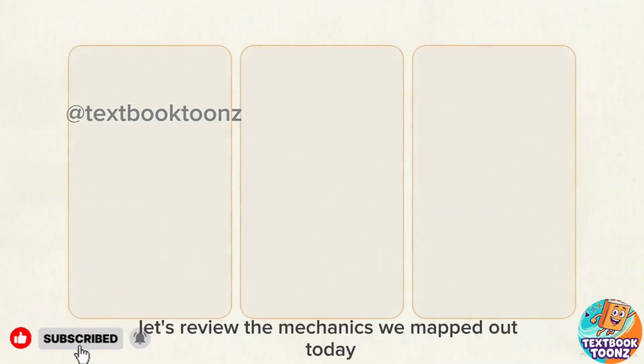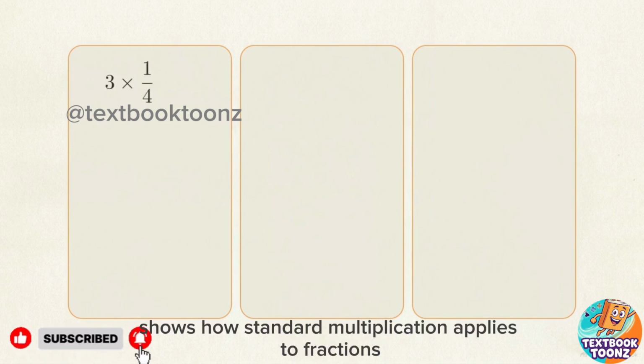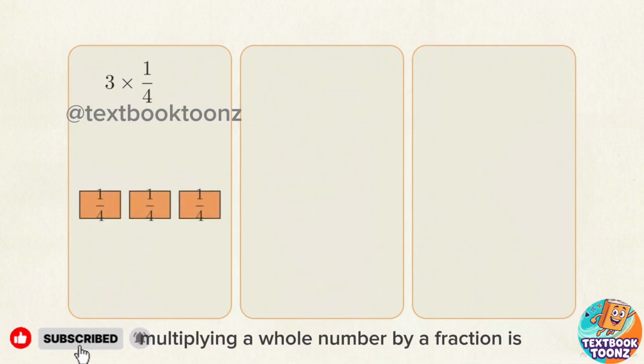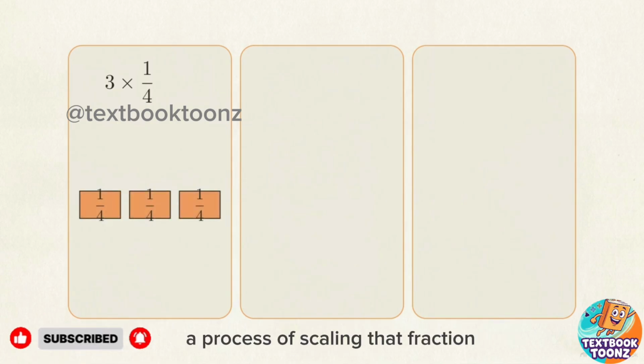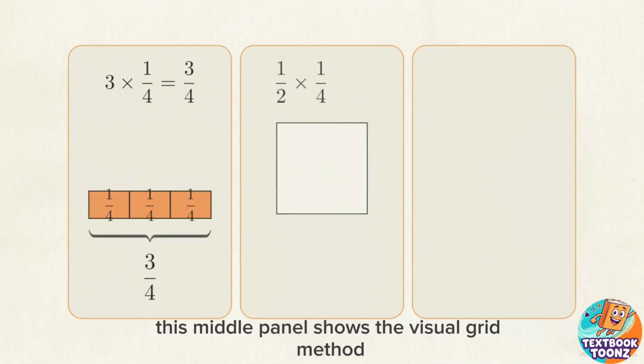Let's review the mechanics we mapped out today. This left panel shows how standard multiplication applies to fractions. Multiplying a whole number by a fraction is a process of scaling that fraction through repeated addition. This middle panel shows the visual grid method.